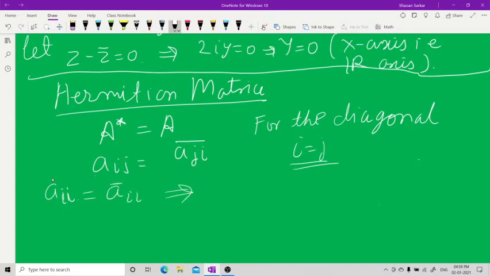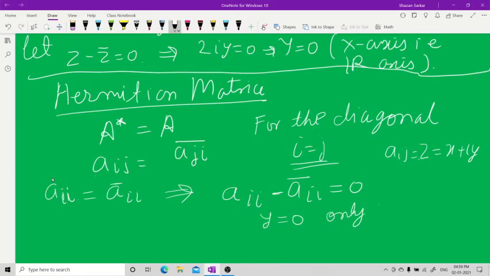This will now translate to Aii minus Aii bar equal to 0. Now this will behave like this. So in this case, the y component for any Aii is what? Basically behaving like z. It is x plus iy. So for any Aii, the y will always be 0. Only the real part will remain.